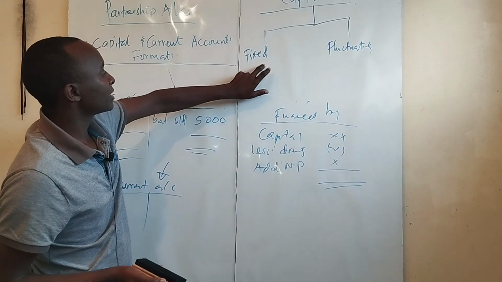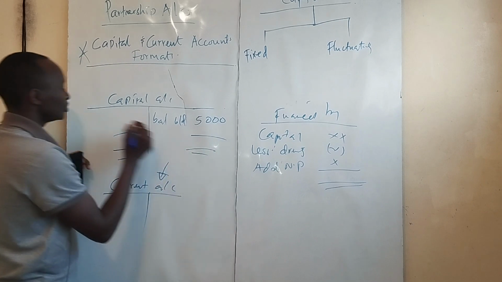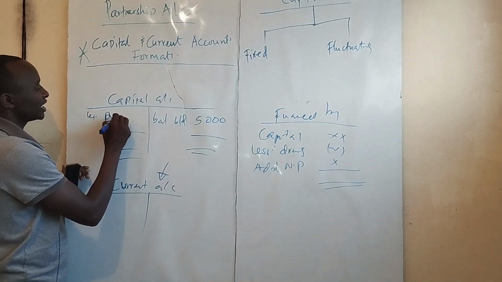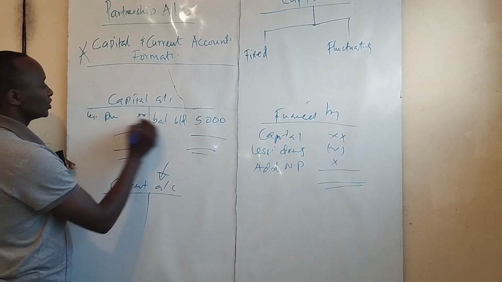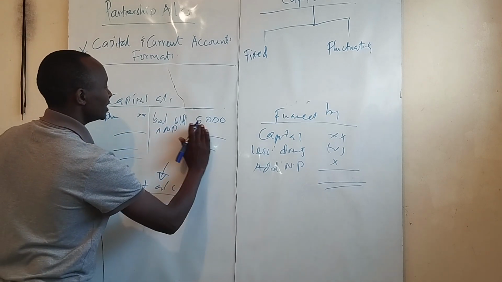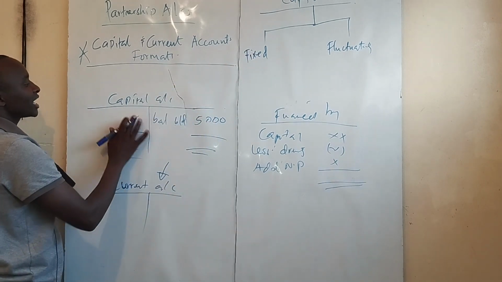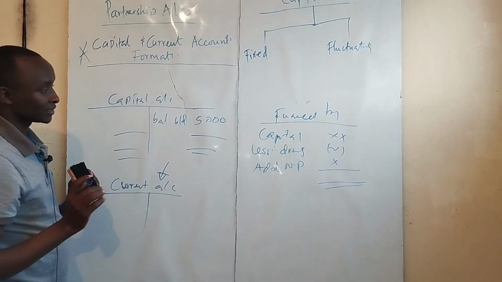So for a fixed capital account, nothing is affecting. I mean, there is no issue of saying we are going to reduce drawings here, or we are going to add net profit here. No, nothing. Under a fixed capital account, it remains as it is. Nothing changes.